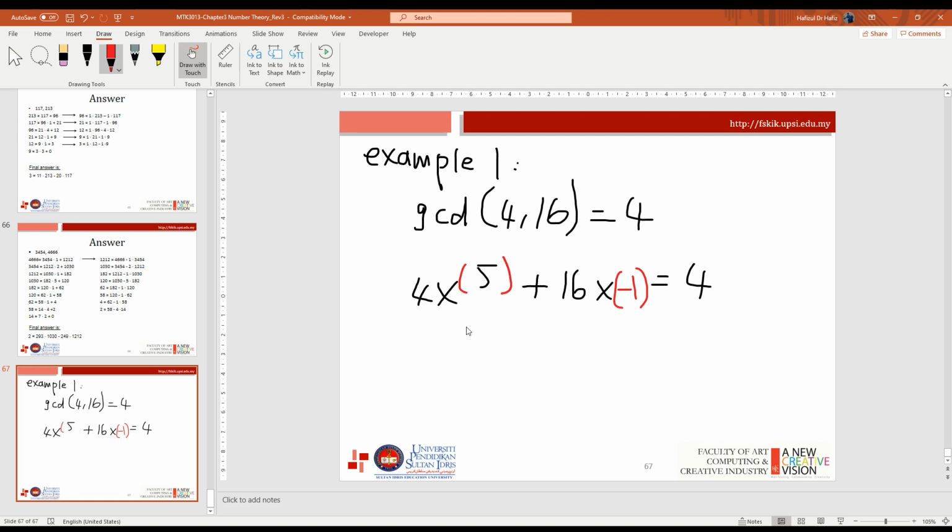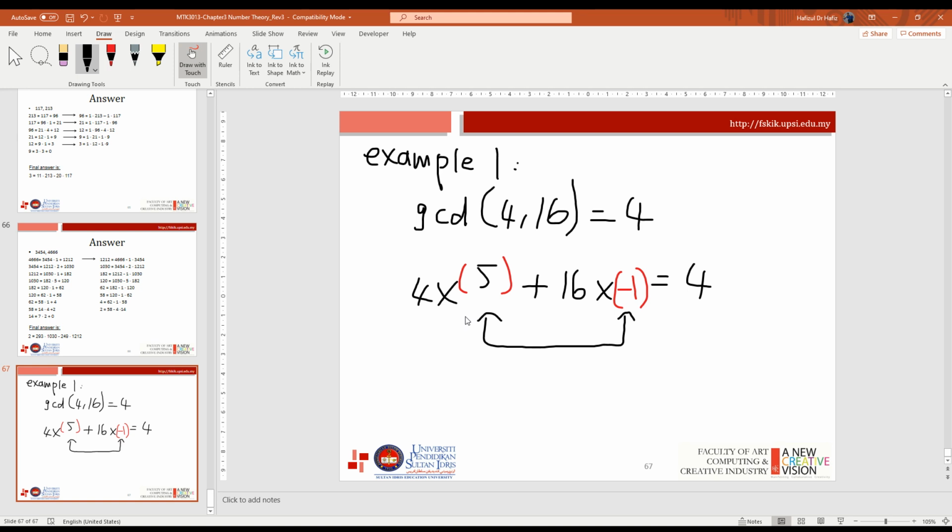Because this one is 16. So this is Bezout's identity. This one we call Bezout's identity.